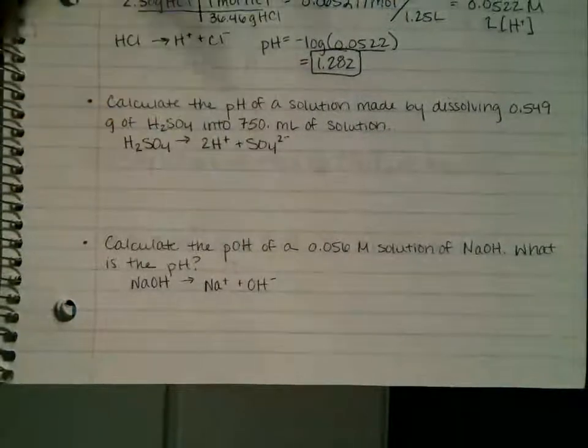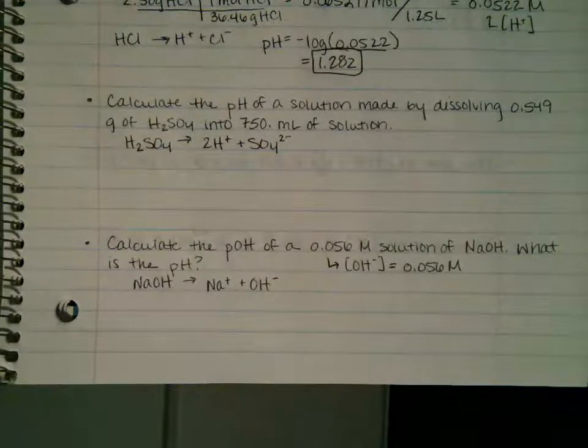So now we can see this from our base to our hydroxide is a 1-to-1 molar ratio. So for this example, we can conclude that the hydroxide ion concentration would also be 0.056 molar.